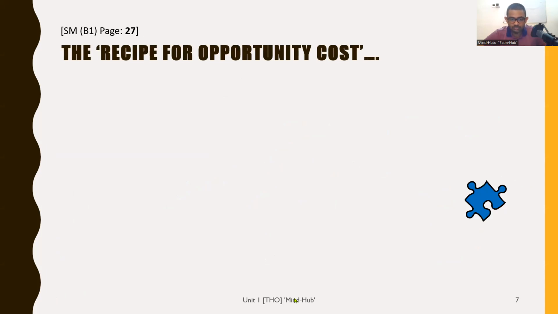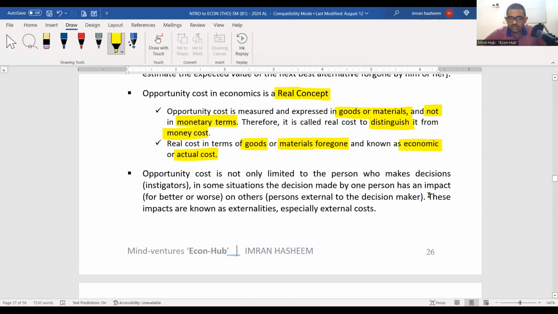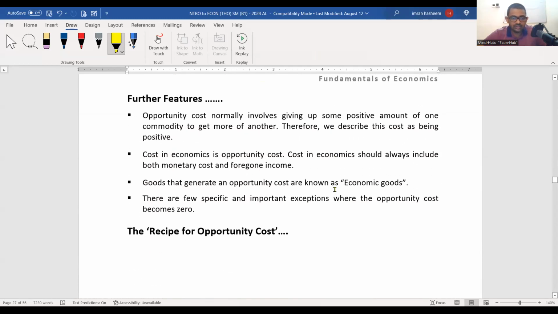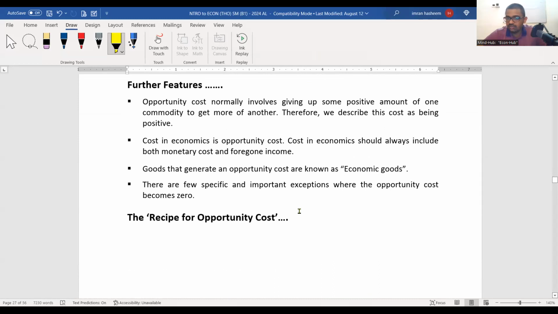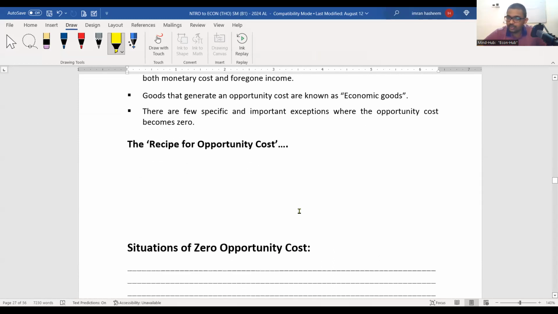Recipe for opportunity cost. Before that, I want to finish quickly going through this. I've explained opportunity cost is not only limited to that whole externality story, the mosquito story, the dengue story. Further features, everything is covered. Then we are going to focus a bit more on economic goods anyway. Recipe for opportunity cost.